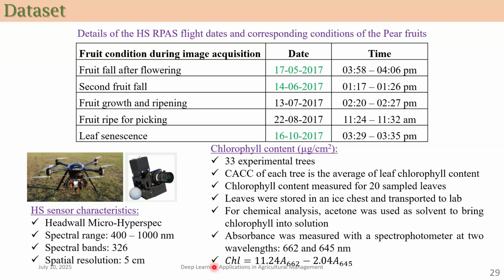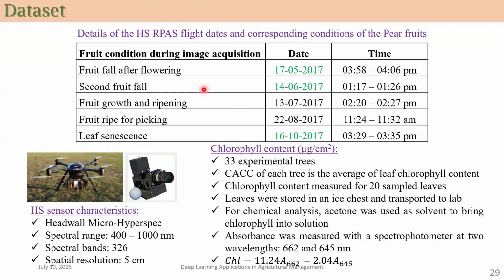So we try to get it on multiple dates like this, starting from different growth stages of that pear orchard: fruit fall after flowering, second fruit fall, fruit growth, and ripening, various crop phenological stages. And there are about 33 experimental trees for which we try to get the information.